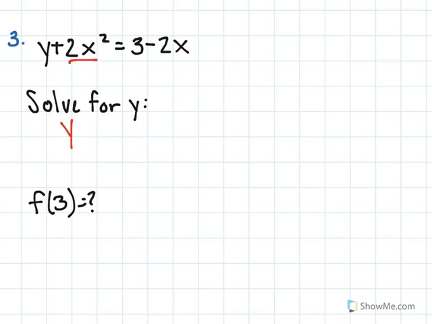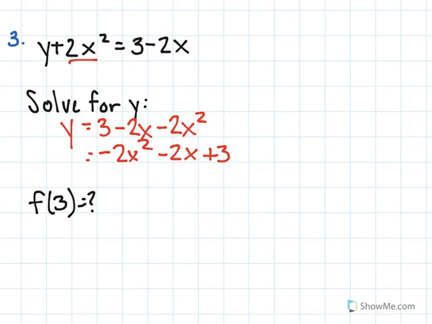That's going to leave us with y equals 3 minus 2x minus 2x squared. If we were to rewrite that in the correct form, it would be -2x squared minus 2x plus 3.